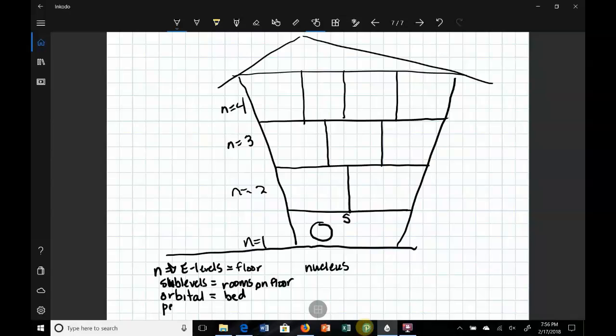So people are our electrons. It makes sense because electrons are negative, and so they have to have opposite spins so that they can live in the same location. So notice that we can put 2 electrons on the first floor. When we go to the second floor, there's also an S room with an S bed.